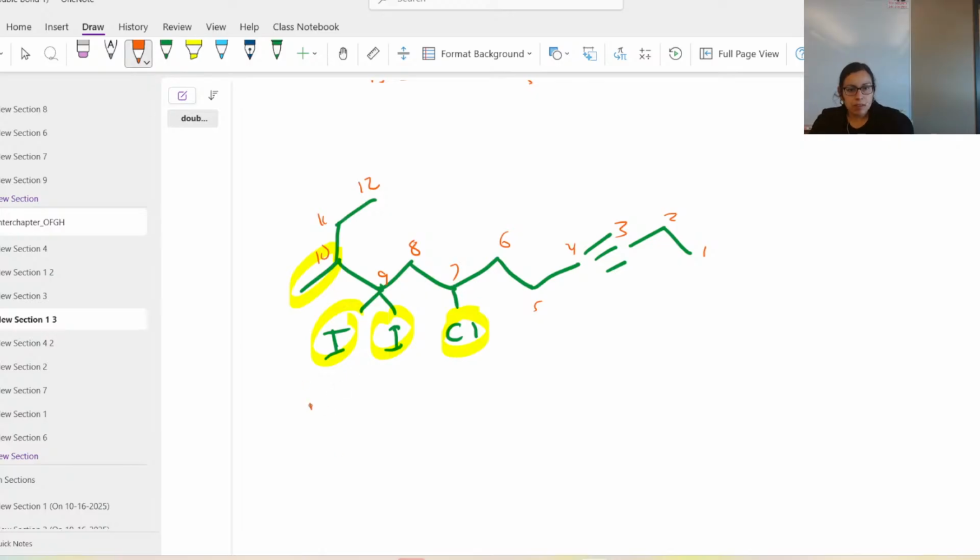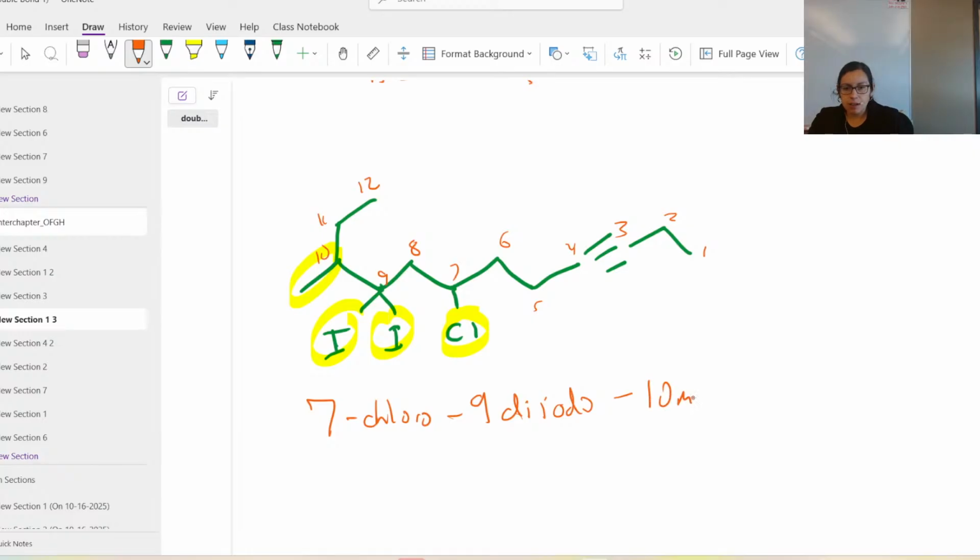And so let's do that. So then we have 7 from our chlorine there. So 7-chloro, then 9 for iodine is next in line, alphabetically speaking. 9, and then there's 2, so diiodo. And then methyl group is left.